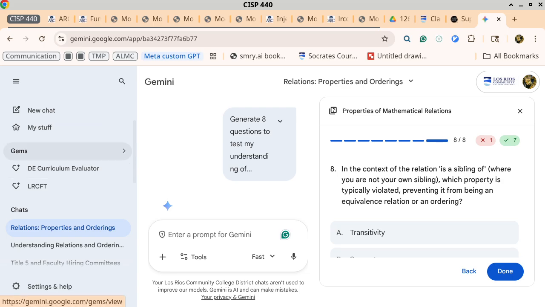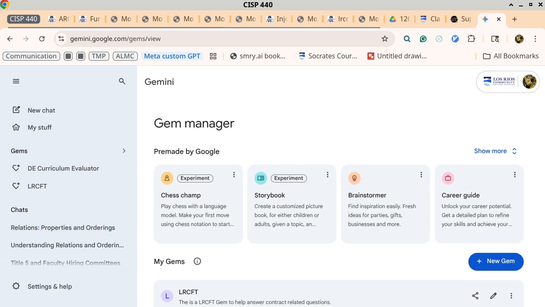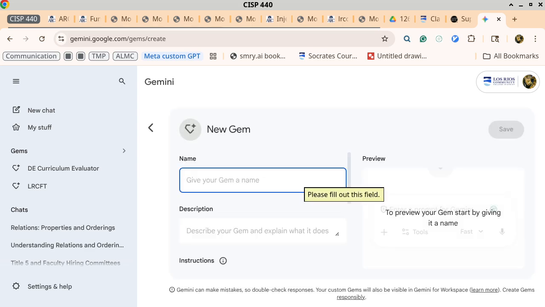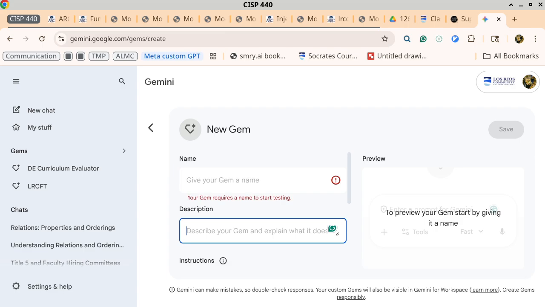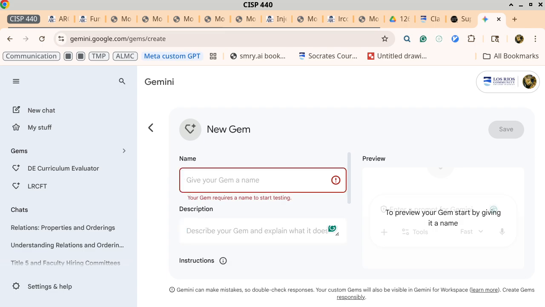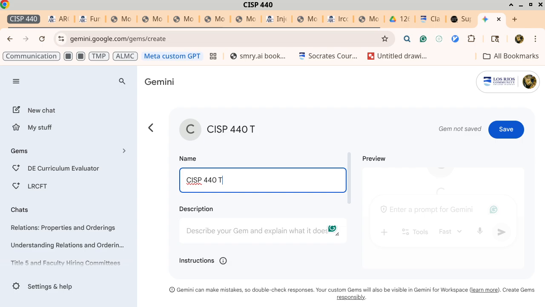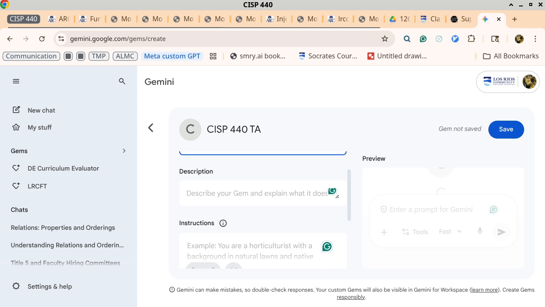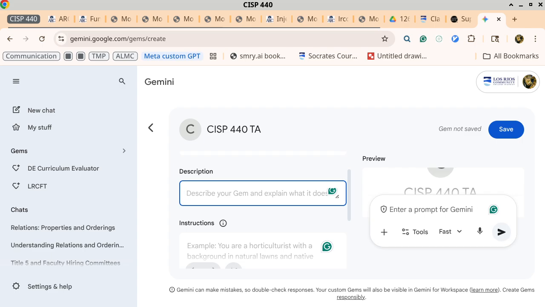Then you go to Gems and click on creating a new Gem. When you create a new Gem, you just give it a name, and for the description, you just say this is your CISP 440 TA, your study buddy, however you want to call that. It doesn't really matter. The description also does not really matter. I think this is just a way for you to distinguish one Gem from another.